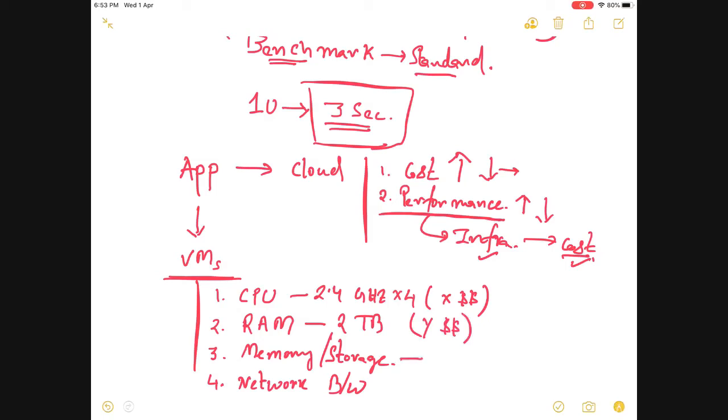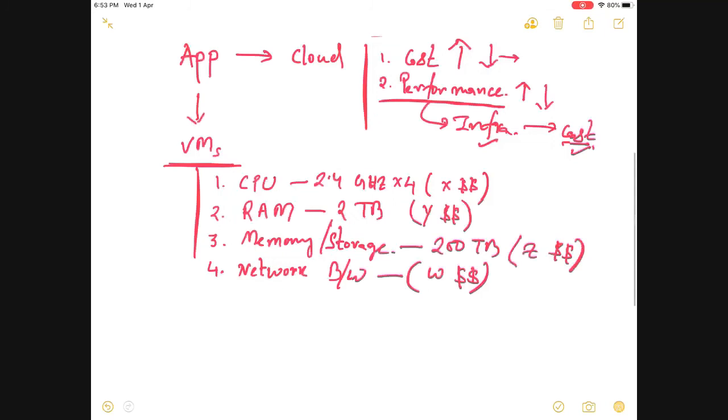If I also decide on 200 terabytes of storage, then for that I'll have some Z amount of costing. Similarly for network bandwidth, as many of you use an internet service provider at home, based on the bandwidth and network speed, they charge you. So for that I can say I'll have a costing of $W in total.